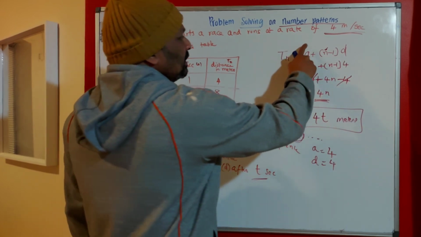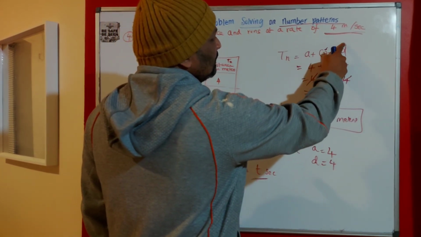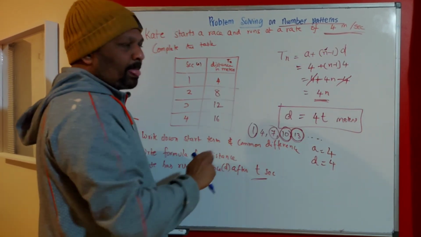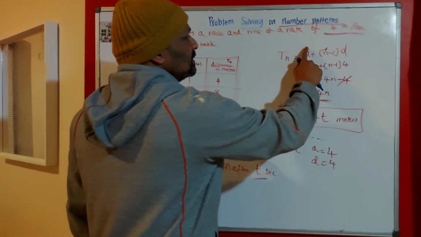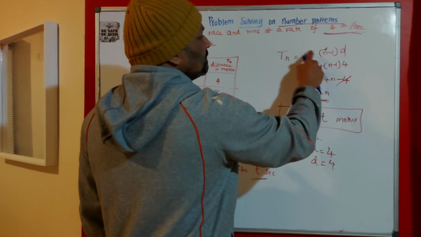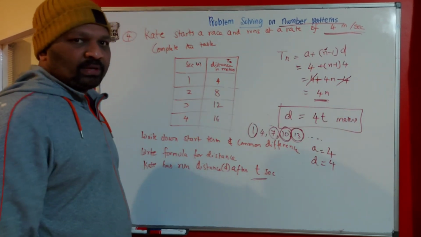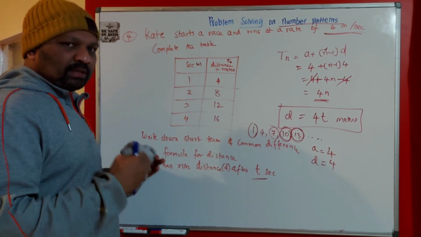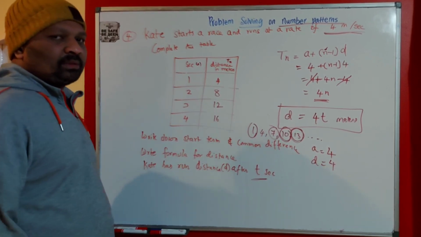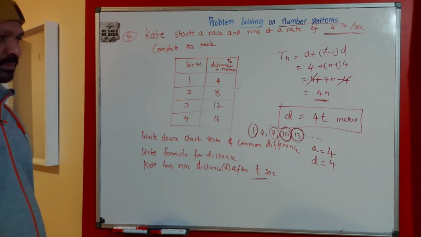If a, n and d are given, you can find the Tn. If Tn, a and n are given, you can find d. If Tn, a and d are given, you can find n. Problems are usually asked like that: what are the known things in a given formula, and the unknown quantity you can find out.